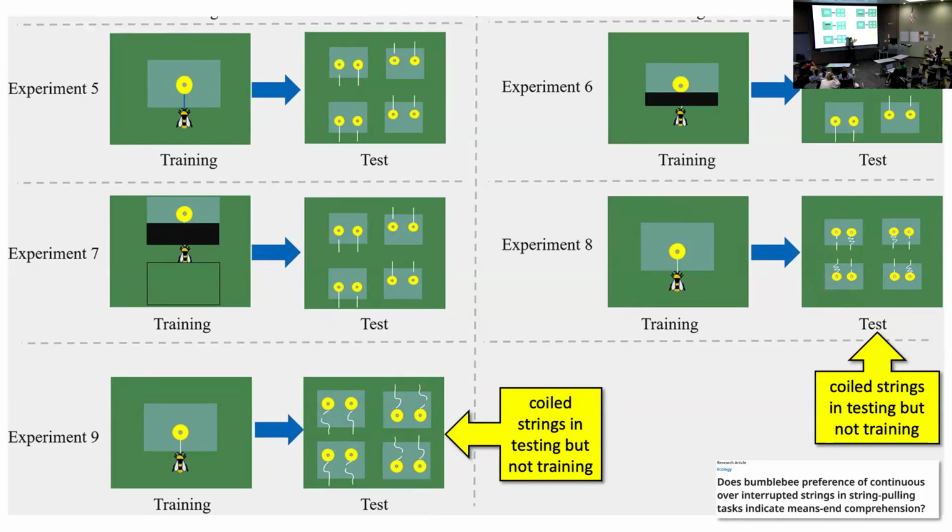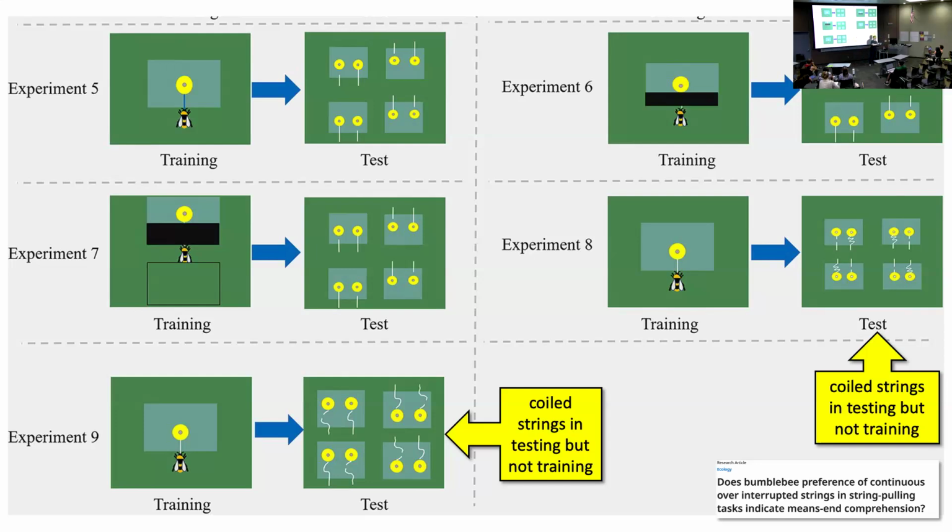And so if the bees manage to successfully choose the right one, even though the string is coiled up, then you have a notion of causal relationship, or ends and means. So that's really what they're testing here. Do the bees just look at a visual pattern and pull on something that looks like what they got from their training case?